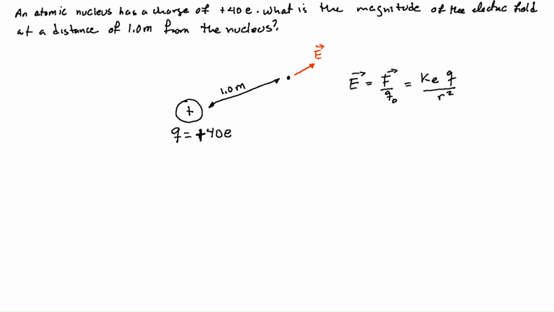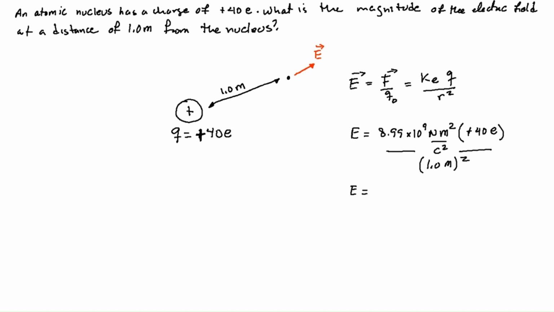So I say that the electric field would be K sub E, which is 8.99 times 10 to the 9 newtons meter squared over coulomb squared, times Q, that is going to be plus 40 E, divided by the square of the distance, which is 1.0 meters squared. Now, what is E?